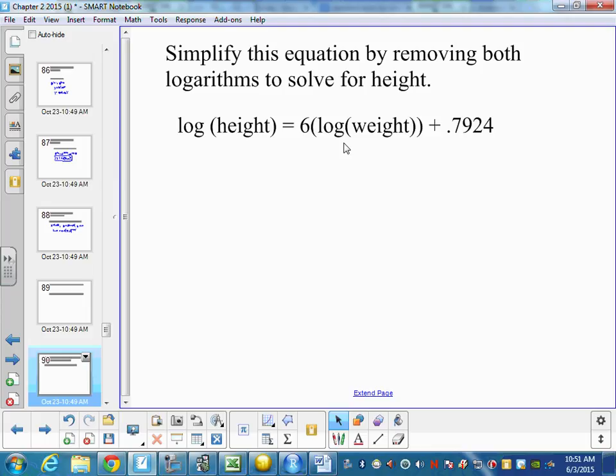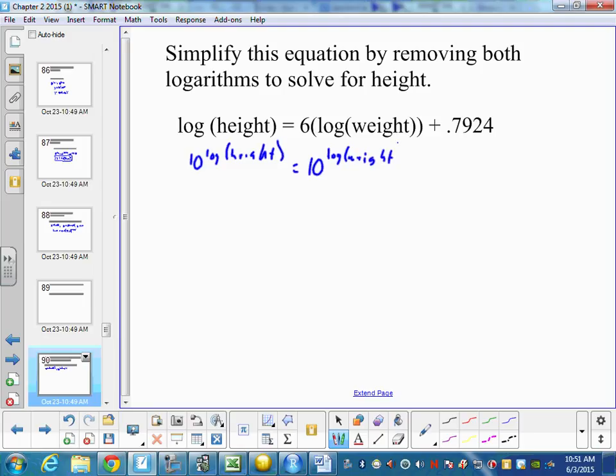Now, it gets a little bit more difficult if there's a log on both sides. Not any more difficult, I should say. I should just say a little different. So when I take log of both sides, or I take 10 to the power of both sides, I still do times 10 to the 0.7924.